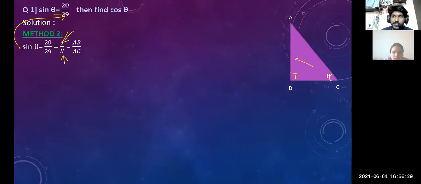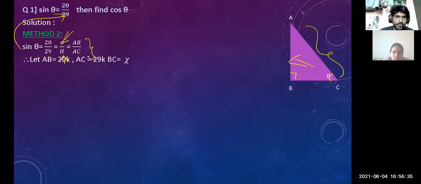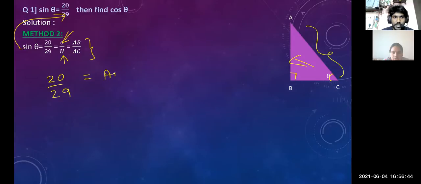For this, opposite side is AB and hypotenuse is AC. So from here, you can say that 20 upon 29 is equal to AB upon AC. Is this clear? Yes. Now next, you take AB, just compare the numerator.